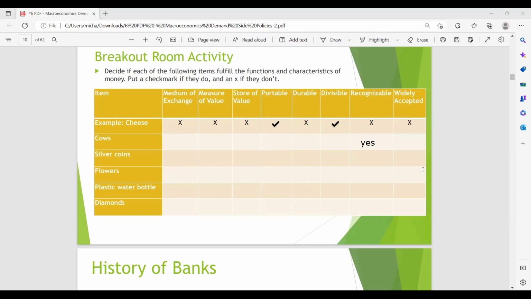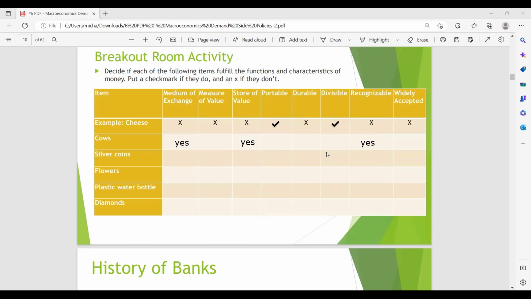Does Daenerys want to try? Yeah, they could be a medium of exchange, yes. And what else? Does Femina want to try? Yeah, it could be a store of value. Some people do use it as a store of value.